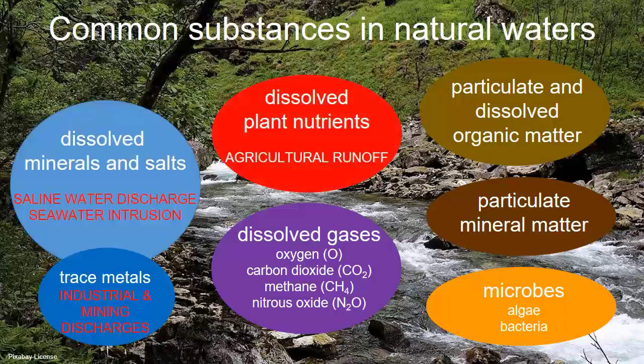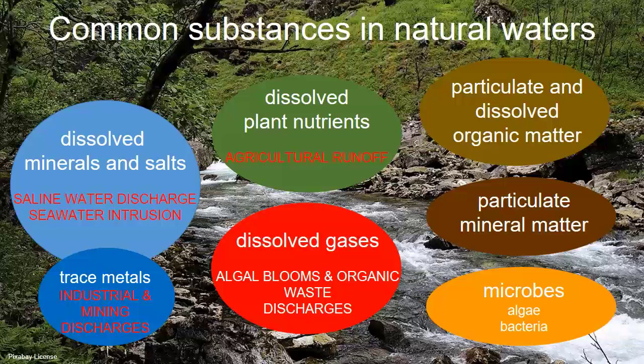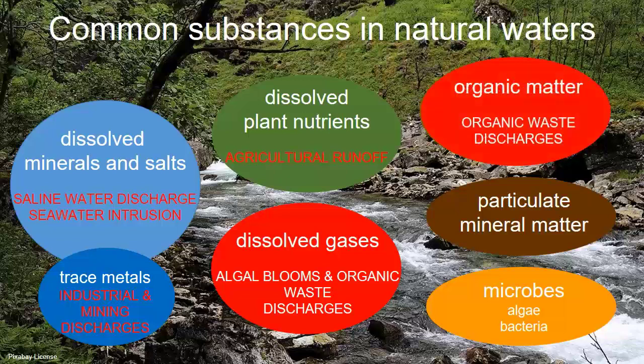Fertilizers used in agriculture wash into water bodies, elevating nutrient levels and sometimes causing toxic algal blooms, which elevate BOD, biochemical oxygen demand, and may lead to hypoxic or anoxic conditions. Excess organic matter discharges in untreated sewage, runoff from animal yards, and some industries also alter nutrient cycles and may lead to dangerously low oxygen levels.